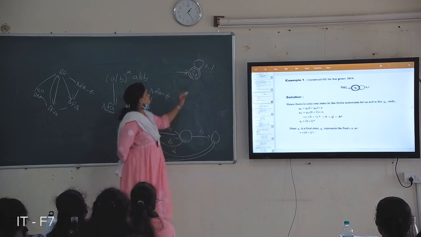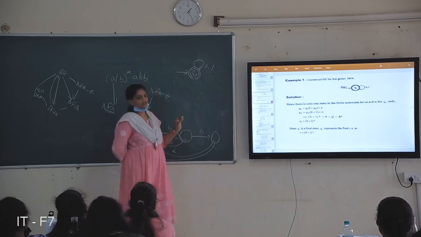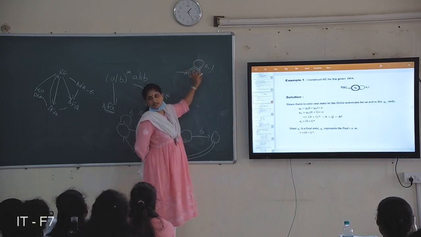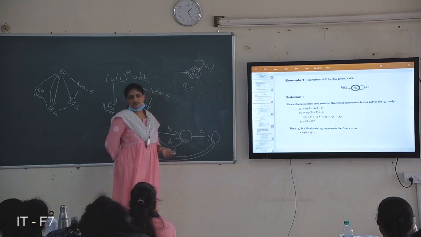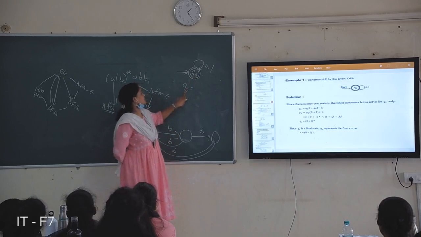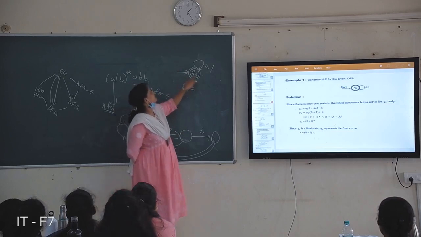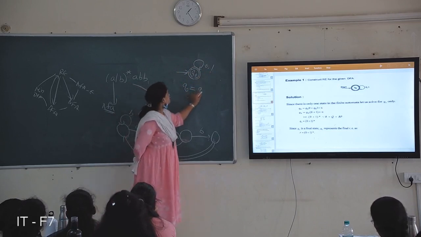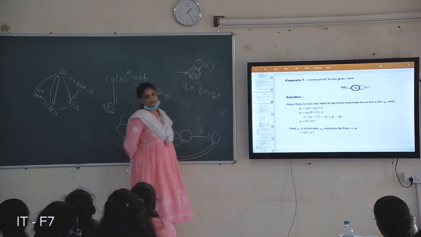How to find it? You have to write some equations. For every state there is an equation. What are the transitions into that state that you consider? I want to write the equation for Q naught. So you can write like this: Q naught equals, and the transitions into that state are on 0 and on 1. So you can write it as Q naught 0, Q naught 1.